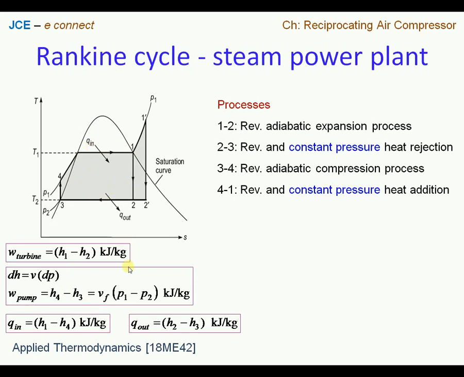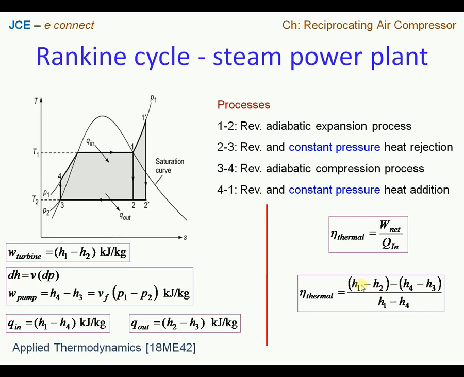So taking these equations into consideration, now plugging these into the thermal efficiency equation. So we have thermal efficiency given as net work done by the heat supplied. Net work done here represents work done by the turbine minus work done by the pump.